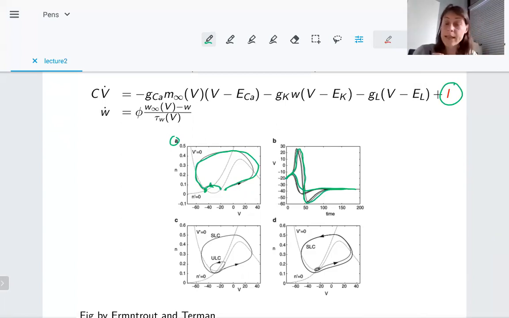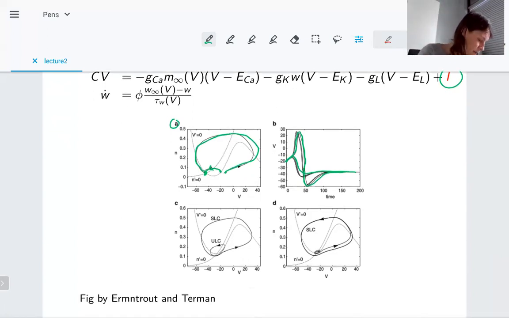Now, if we increase the input a little bit more, the value of the applied current a little bit more, what we observe is that the system has the equilibrium point where both nullclines intersect, which is still stable.